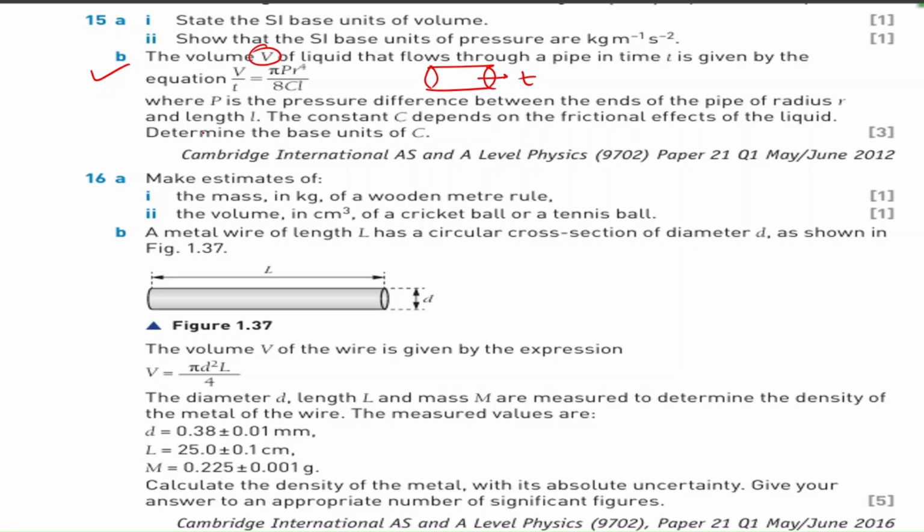They already give the formula and mention each quantity: P is the pressure difference between the two ends of the pipe, R is the radius, and L is the length. The constant C depends on the frictional effect of the liquid. So we have to determine the base unit of C. We already know the units of V, t, P, R and L.